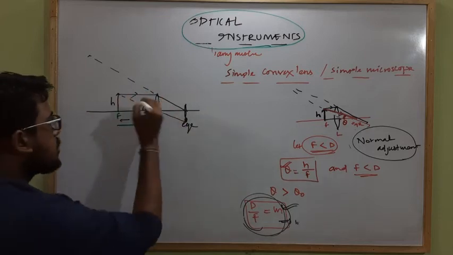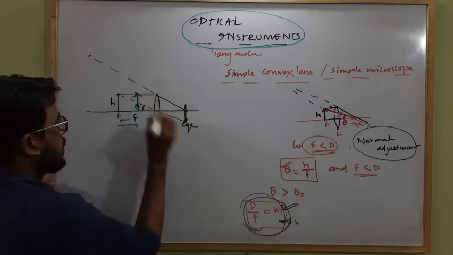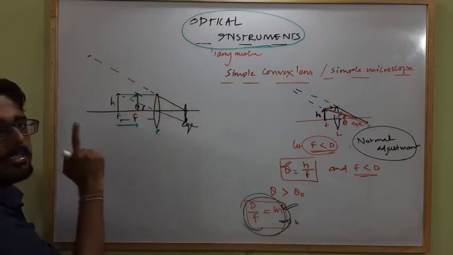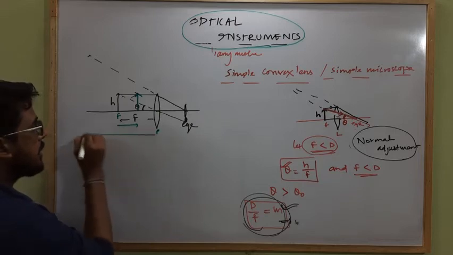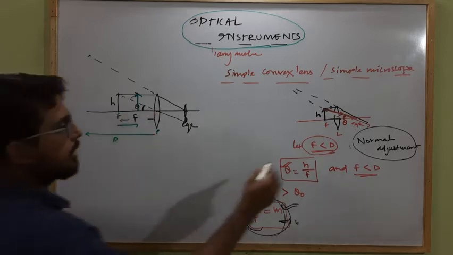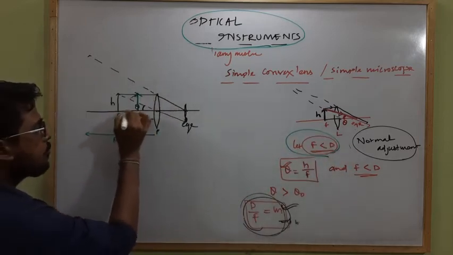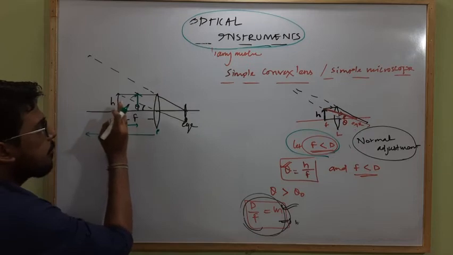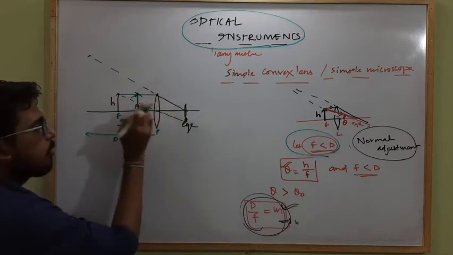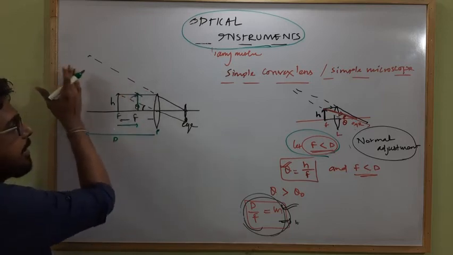So there will be a certain position of the object for which the image will be formed at the least distance of distinct vision D, which is greater than the focal length of the lens we already taken. Clear? So when we further move the object beyond the focal length of the lens towards the pole, the image of the object will move from minus infinity towards the pole.